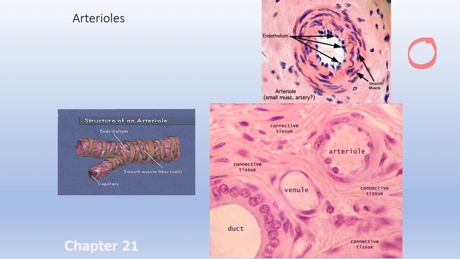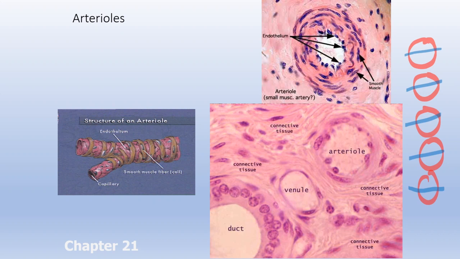So here's one arteriole. Here are 5 arterioles. Take the collective diameter, add up all of the diameters, and arterioles have more surface area than any other vessels. So it's these that control blood pressure.